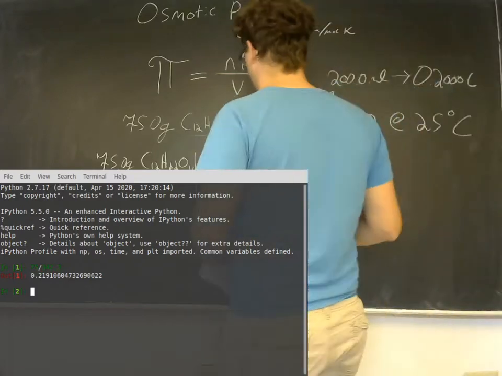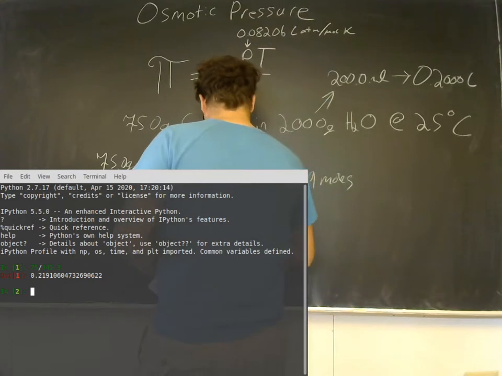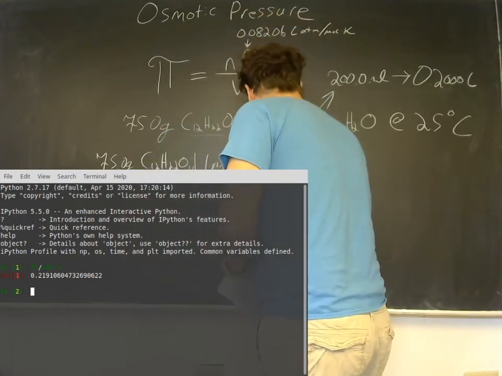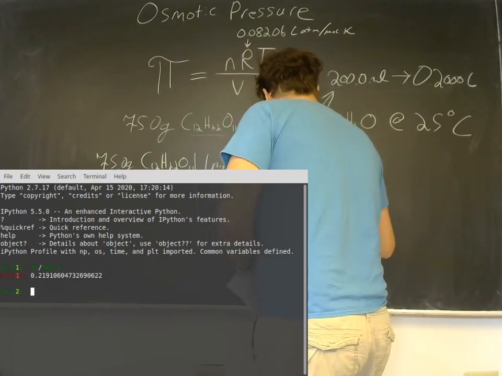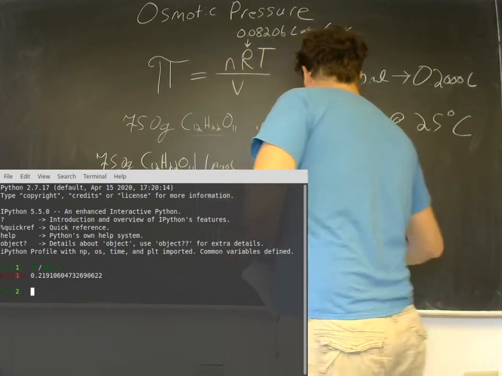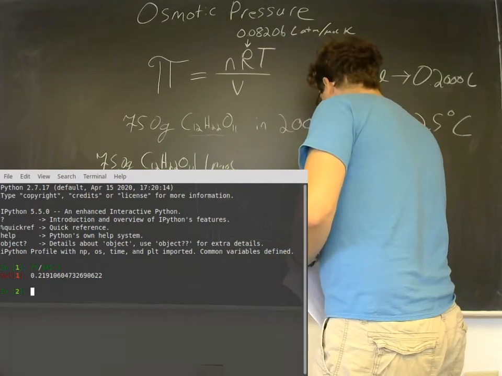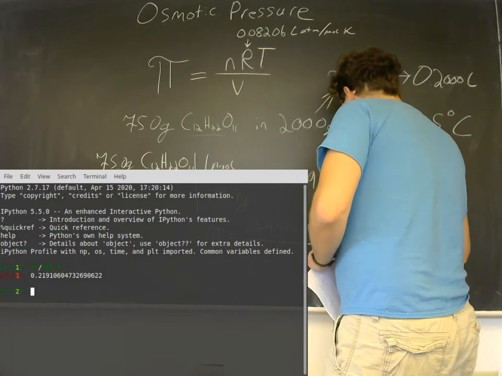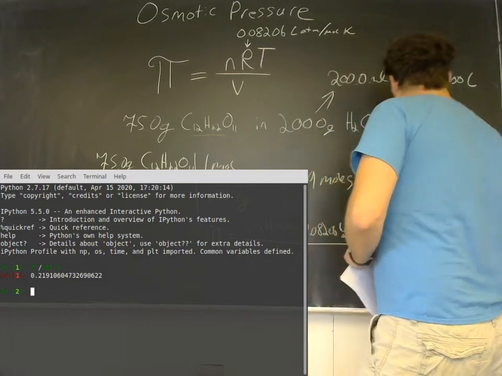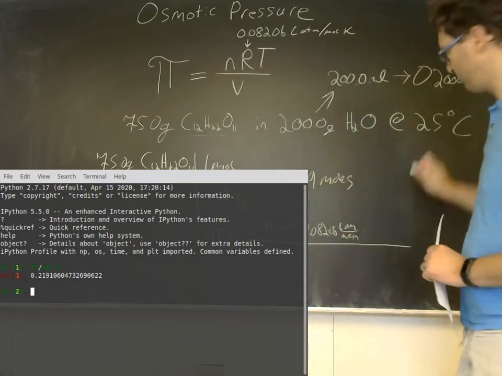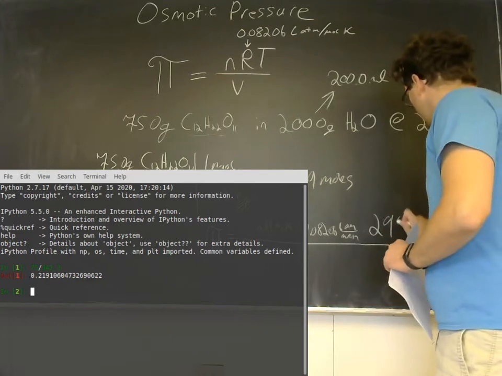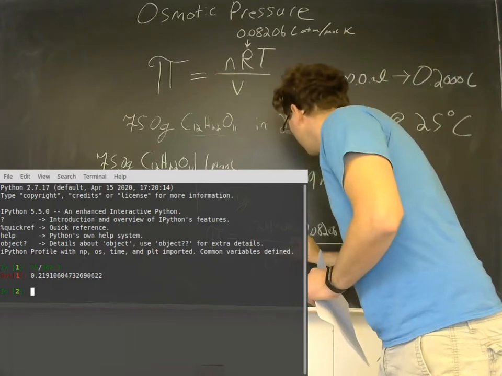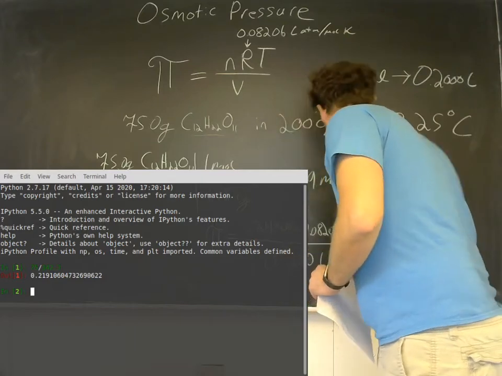And in the end we'll get pi is equal to 0.219 moles times 0.08206 liters atmospheres per mole Kelvin. 25 degrees Celsius is going to be 298 Kelvin. And we have 0.200 liters.